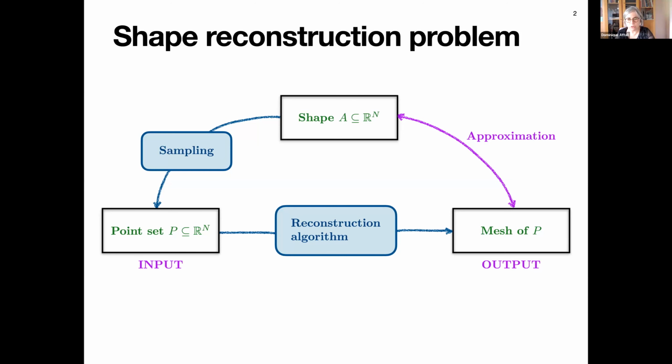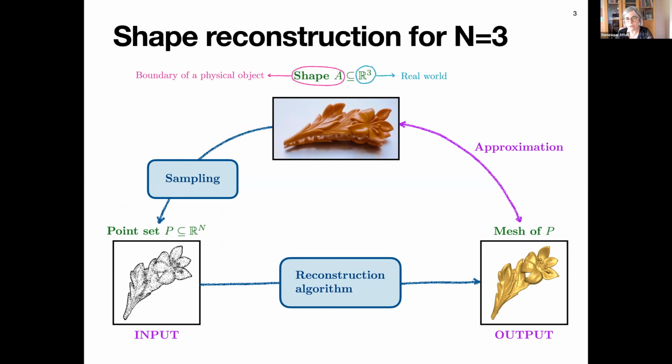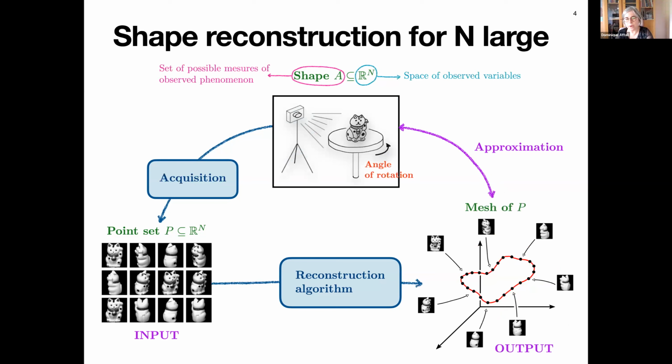So typically in 3D, the shape can be the boundary of a physical object, and then we would have measured points on this boundary. But this problem arises in manifold learning. And in that case, people often make the assumption that we are learning a manifold.